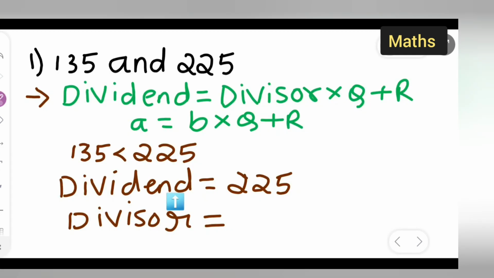The smaller number is your divisor. So 135 is the smaller number, and you have to consider it as the divisor. Let us solve this over here, so you will understand it much better.